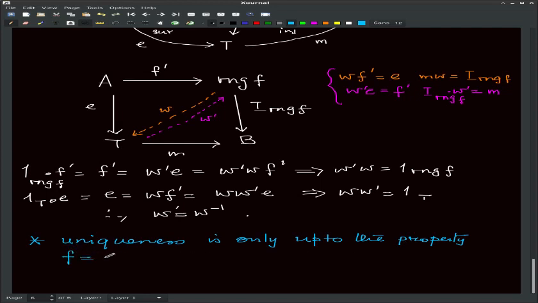What is the property? That f factors as a surjection followed by an injection.